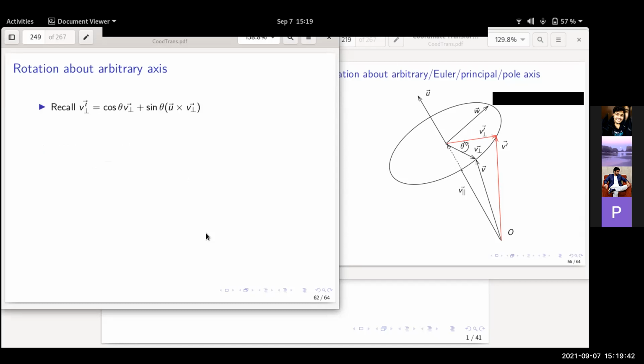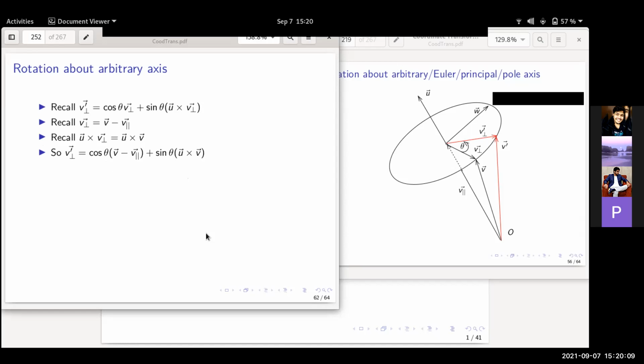So comparing these two, recall that this is what we had derived until now. We are now going to replace V perp with V minus V parallel. And then we had also stated that U cross V perp was U cross V itself. So this is the expression we have now. For the complete rotated vector, you have to add the V parallel component to this.